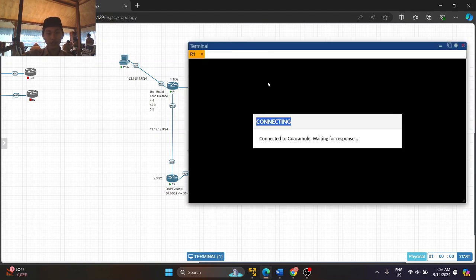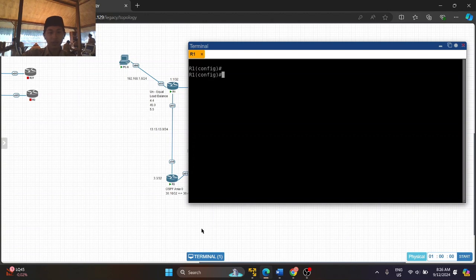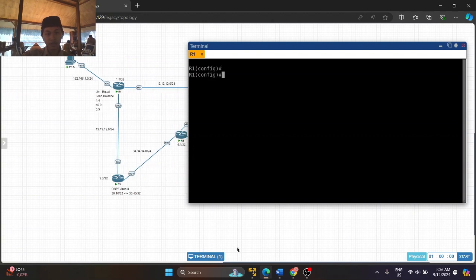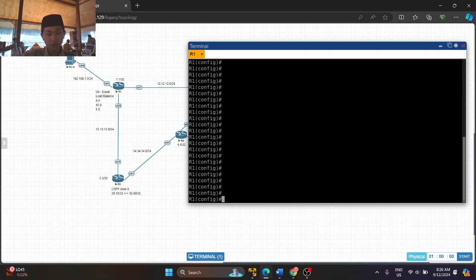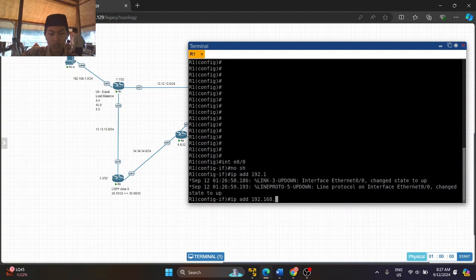You open it. First, let's enter interface E0/0 that connects to PC1. You can see here the IP address, with no shutdown. IP address 192.168.1.1, and don't forget the net mask here, prefix /24.